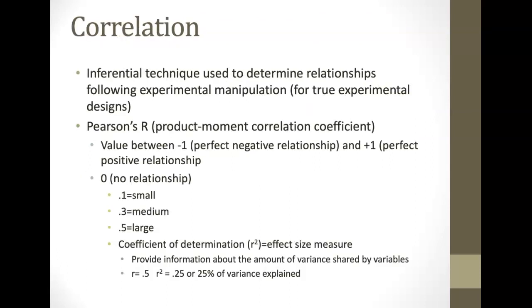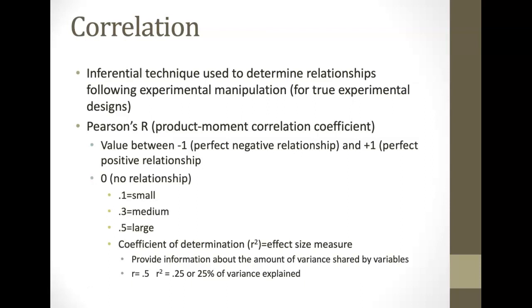Okay, correlation analysis, again, is an inferential technique, but it doesn't always give you a cause-effect type outcome. If you design your study correctly, yes, it can, but in many cases, correlational analysis does not.